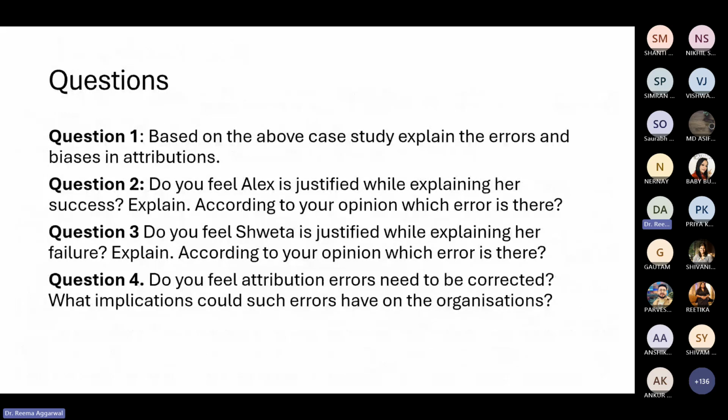Now the question is that based on this case study, you have to explain two biases, that is, errors and biases in attribution. Now is the question clear? Yes? Right? So according to you, which two biases are discussed in the case study?